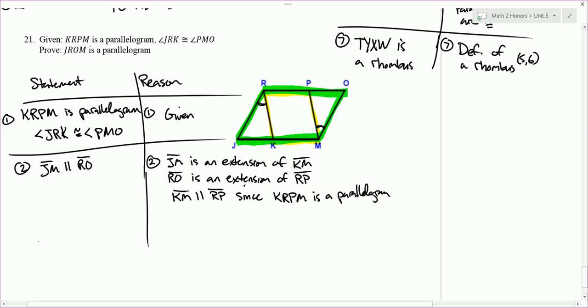Okay, so that part we're getting from our givens. So the rest of the work here is to show that JR is parallel to MO.